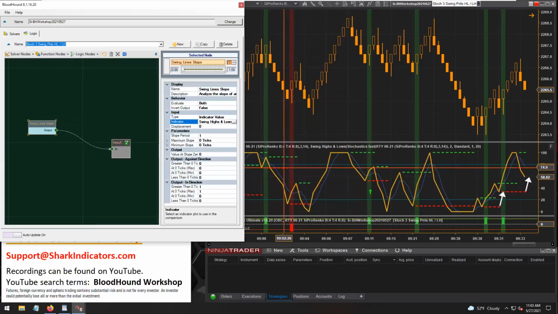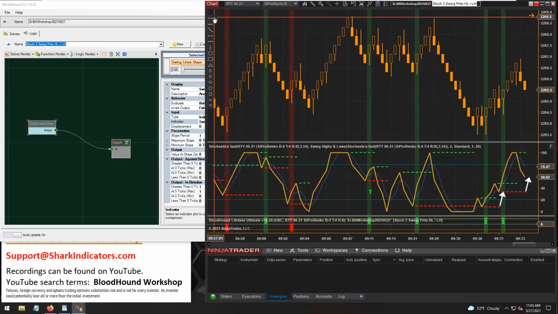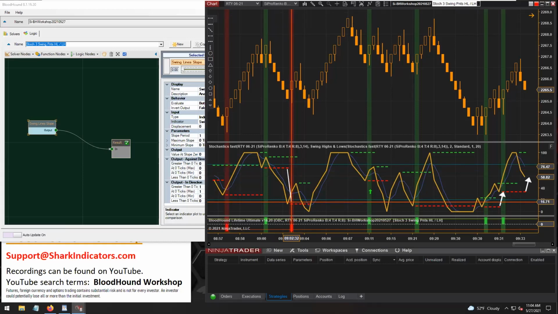So when the swing lows in red, if it steps down, right like right there, if it steps down, we're going to get a short signal. And then if it steps up, we're going to get a long signal here.